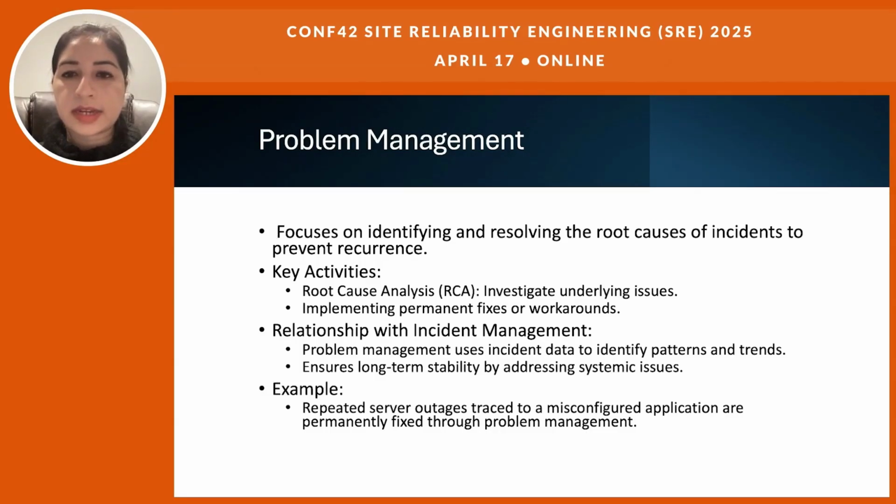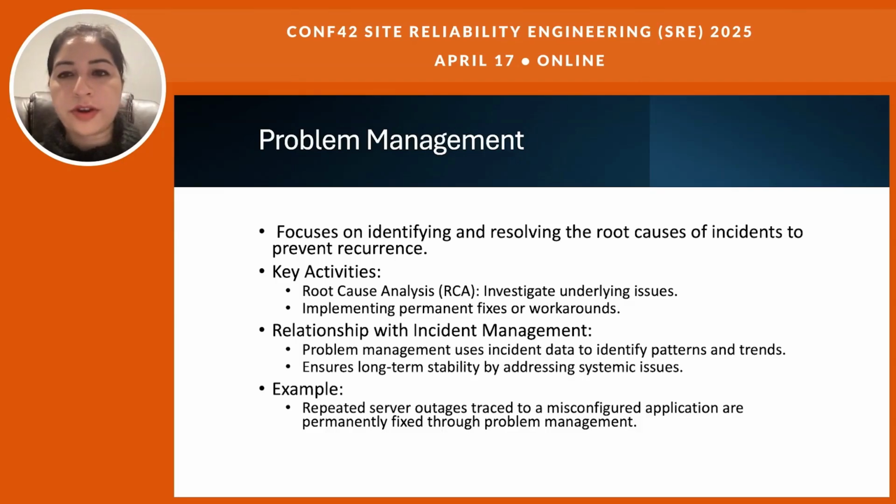The key activity in problem management is root cause analysis or RCA, which involves investigating underlying issues to understand why an incident occurred in the first place, and implementing permanent fixes or workarounds. So once the root cause is identified, teams work on permanent resolutions or interim fixes to prevent recurrence.